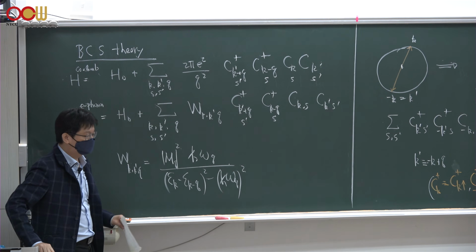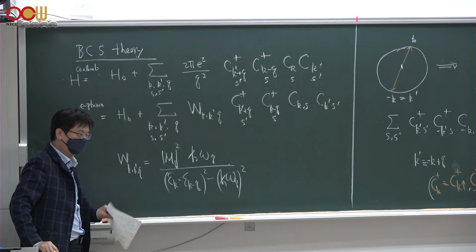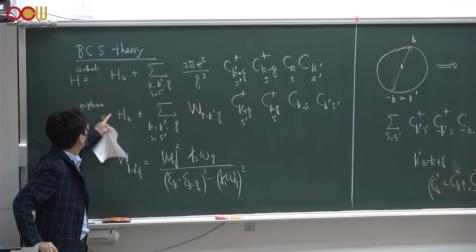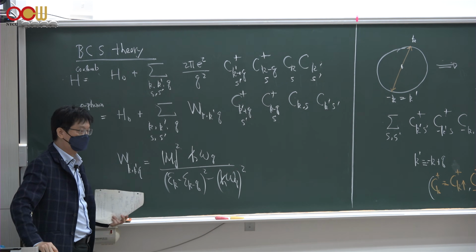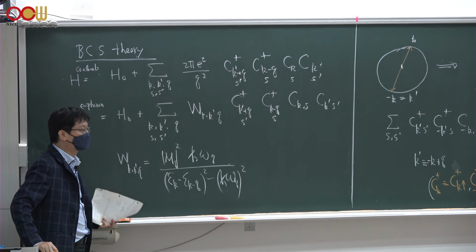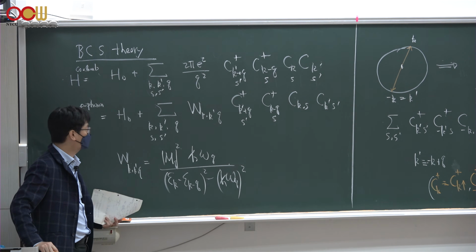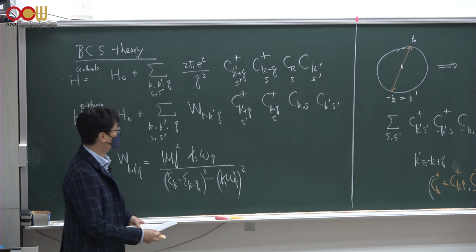So the BCS proposed such a Hamiltonian to describe the superconducting state in ordinary metals, and this Hamiltonian looks very similar. In fact, it shows the same mathematical structure as the Coulomb interacting electron gas.